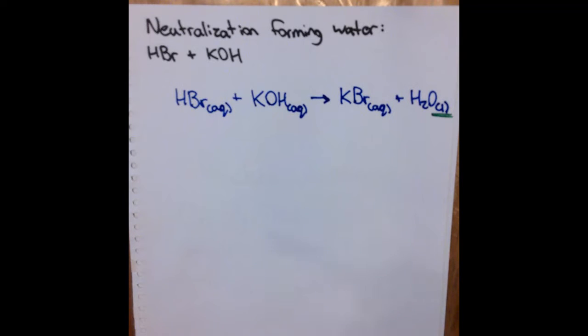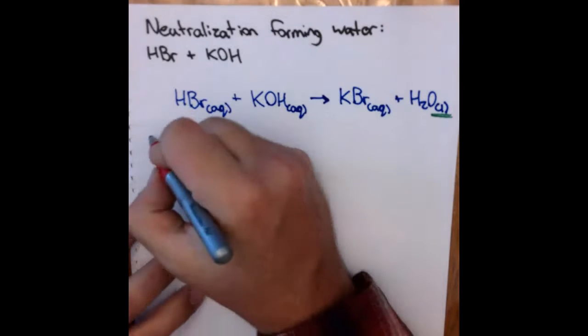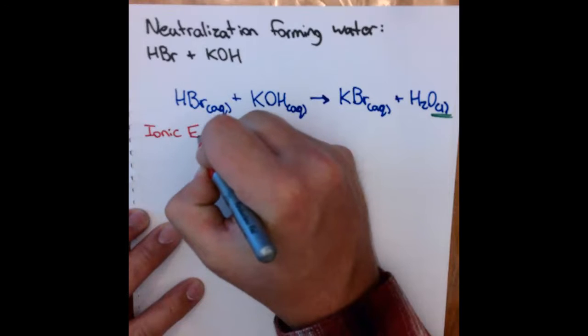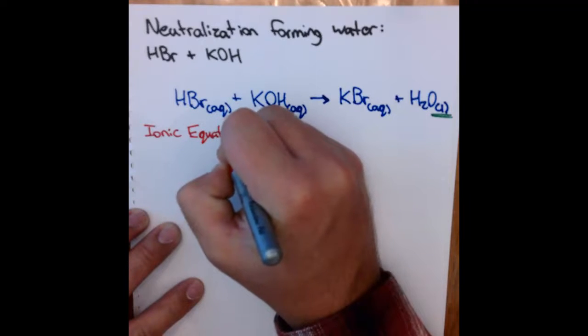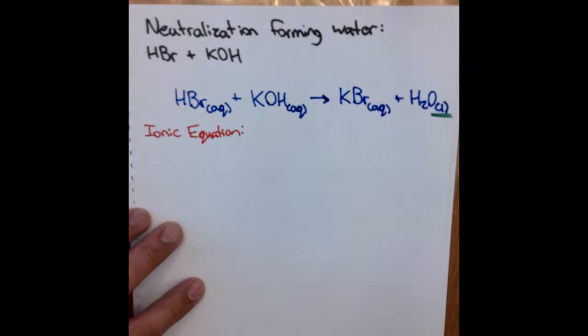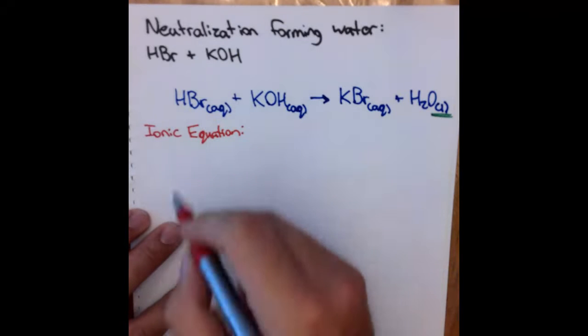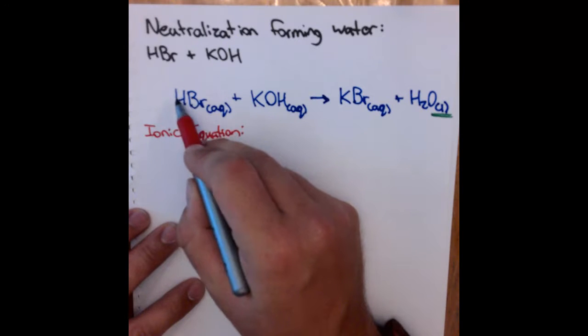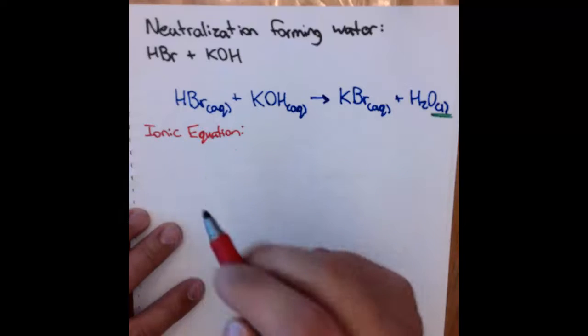Then we're going to break down everything into their individual ions. So I'm going to take my red again, and we're going to make an ionic equation. This one's a little bit simpler to do because everything is just a one-to-one pair. So from our HBr, that is going to break up into H plus ions and Br minus ions.